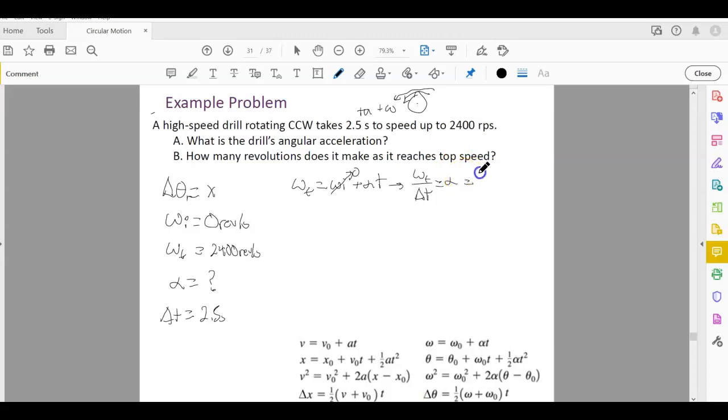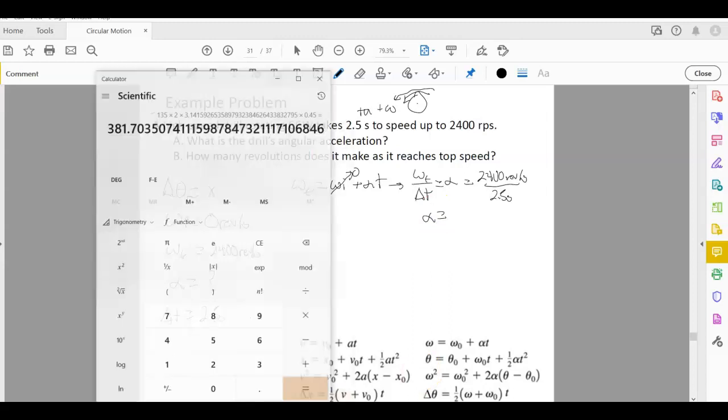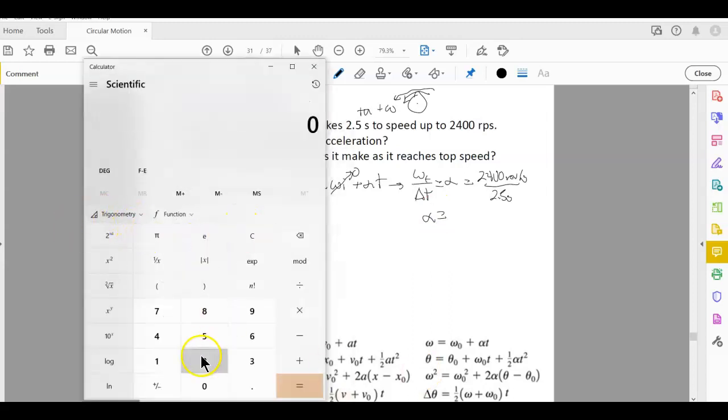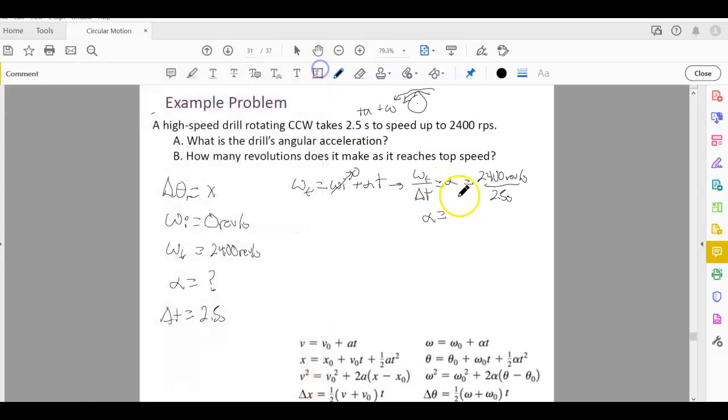So this is going to be 2,400 revolutions per second divided by time, which is going to be 2.5 seconds. So alpha should be equal to 2,400 divided by 2.5 equals 960. So this should be 960 revolutions per second squared.